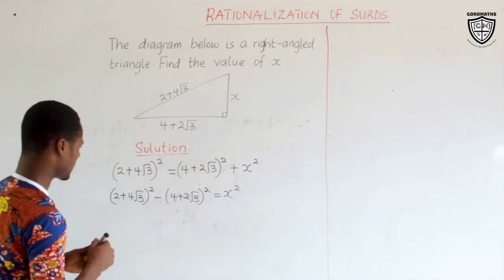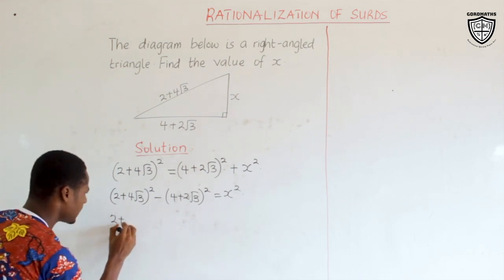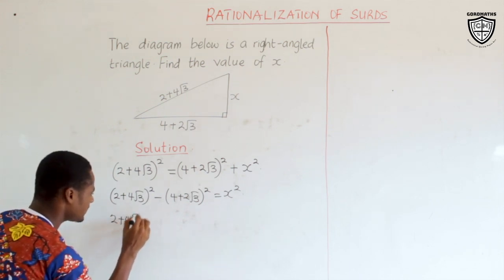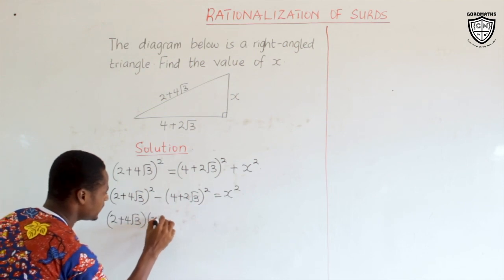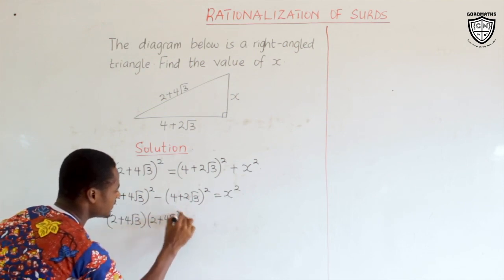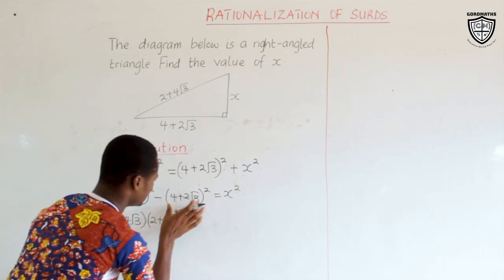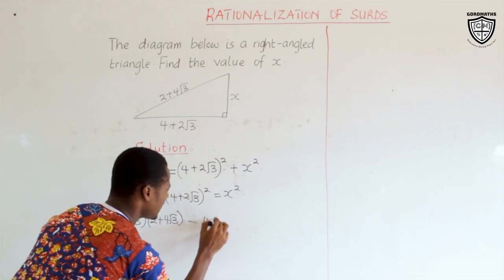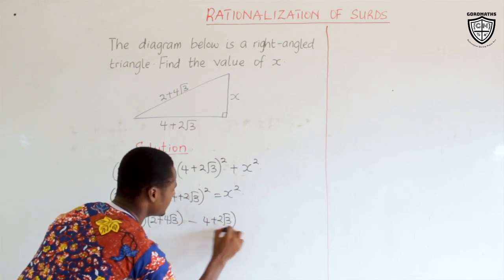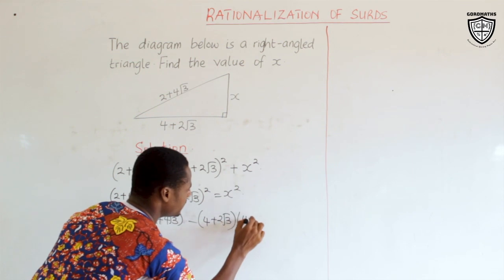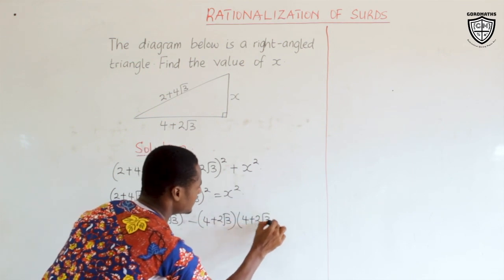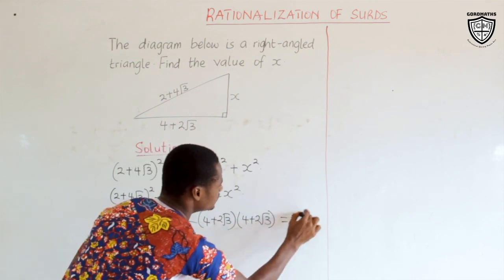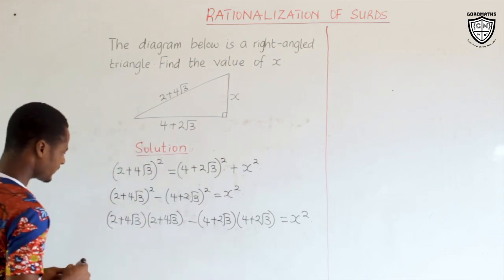Let's do this expansion. That is 2 plus 4 root 3 and then 2 plus 4 root 3 minus, for this we will have 4 plus 2 root 3, 4 plus 2 root 3, and that should be equal to x squared.